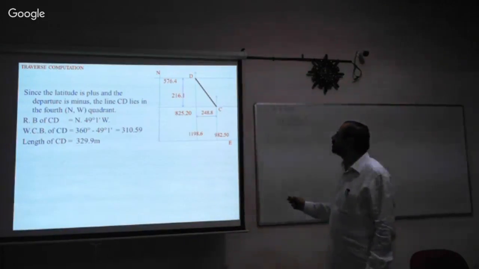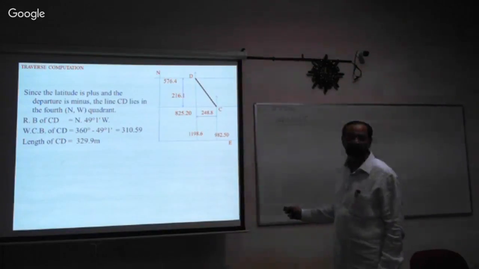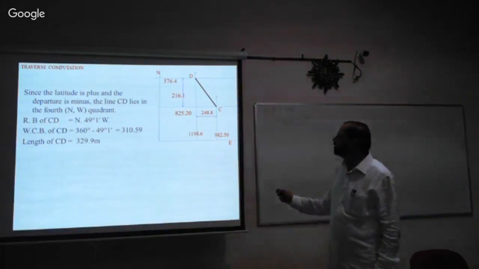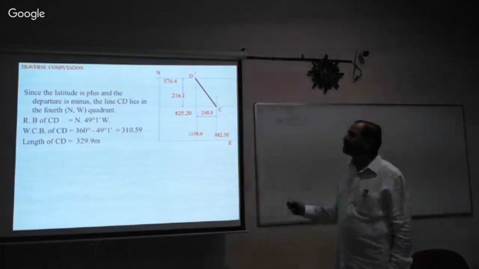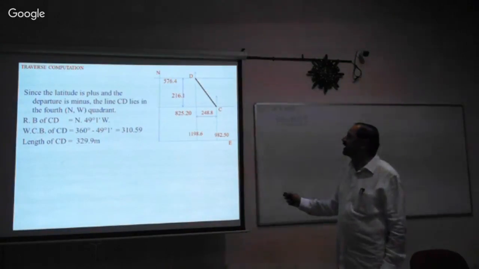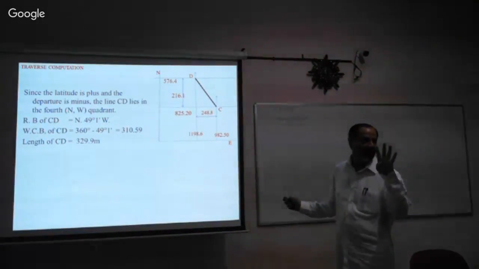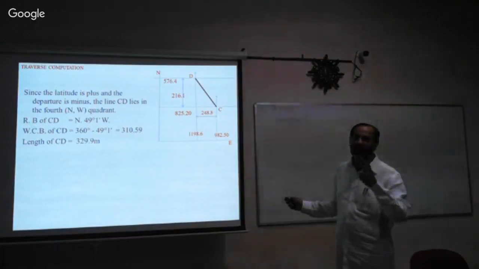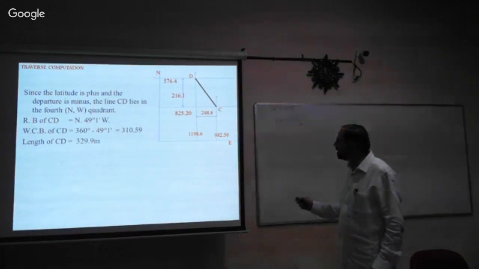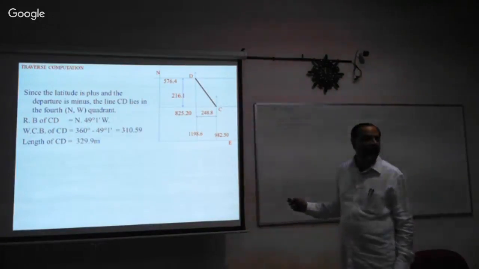Therefore, this is northing and this is westing. This is positive and this is negative. CD is lying in the fourth quadrant, isn't it? Suppose you reverse it: DC. In which quadrant is DC lying?